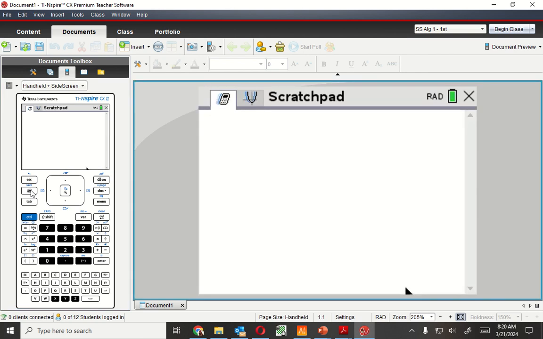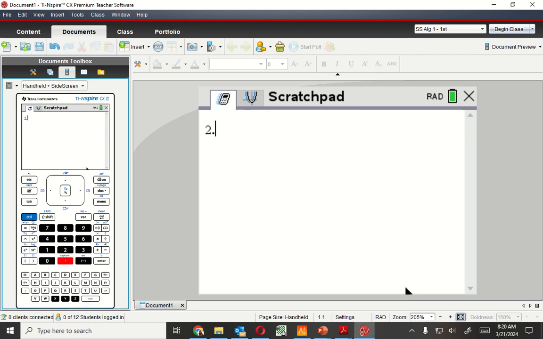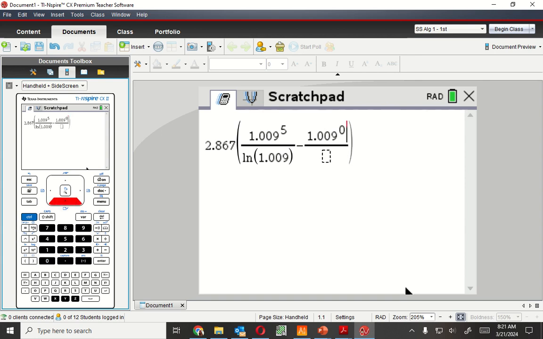So I said it is 2.867, parentheses, control divide, 1.009 raised to the 5 over ln of 1.009, close, move over, and that is minus the top part, control divide, which is my 1.009 raised to the 0 over ln of 1.009.